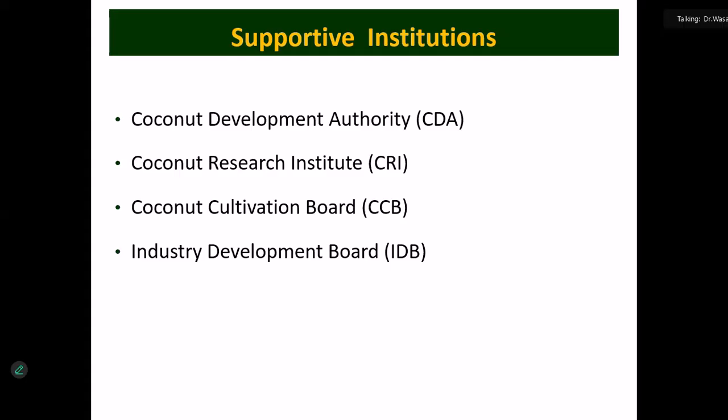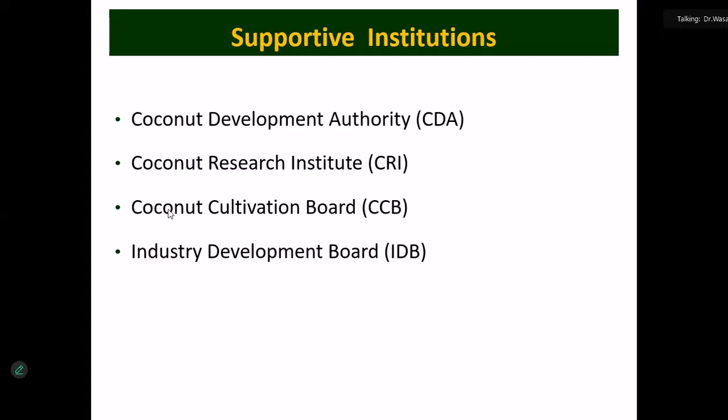And there are authorities under them. Coconut Development Authority. Then the Coconut Cultivation Board, we discussed in coconut agronomy. They do the extension service, subsidy program, planting material, and all the extension part on the agronomic side, not industrial.